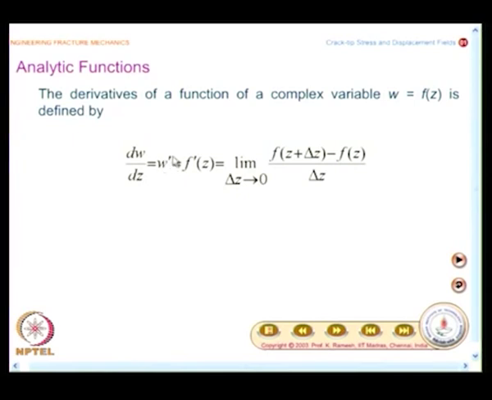You put w prime, or f prime z, equal to dw by dz, which is given as the limit delta z tends to 0 of f of z plus delta z minus f of z divided by delta z. So, now we will have to look at, for you to get this differential, what are the finer aspects that we will have to look at. And z is a complex number, z equal to x plus iy.